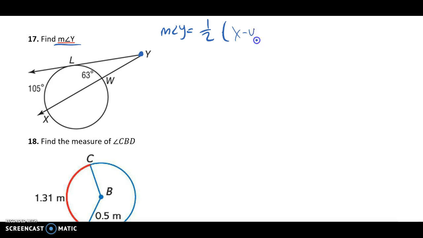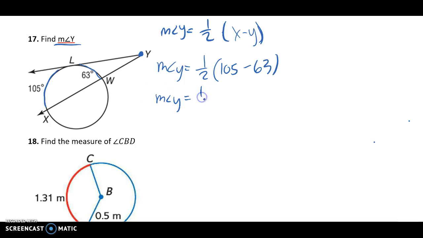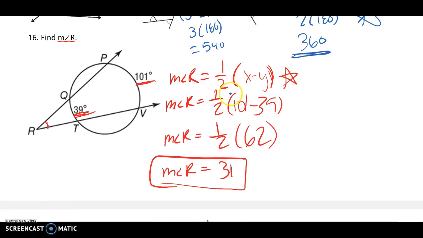So X minus Y. Okay, and we know we've got to do big arc minus small arc. So measure of angle Y equals 1/2 of 105 minus 63. Okay, and the measure of angle Y equals 1/2, and 105 minus 63 is 42.